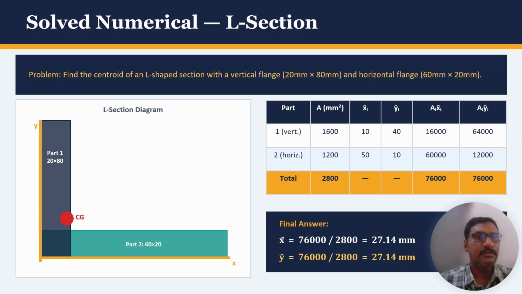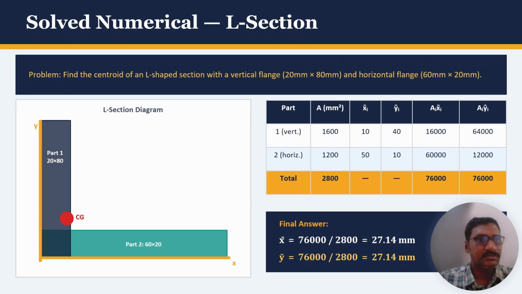And step 4, as we discussed in the previous slide, is to tabulate the calculations. Now we build our calculation table. Part 1: A1 equals 1600 mm square, X bar 1 equals 10 mm, Y bar 1 equals 40 mm. A1 into X bar 1 equals 1600 by 10 equals 16,000 mm cube.